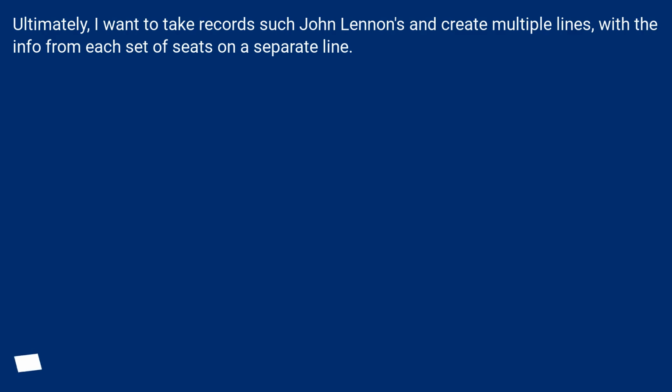Ultimately, I want to take records such as John Lennon's and create multiple lines, with the info from each set of seats on a separate line.